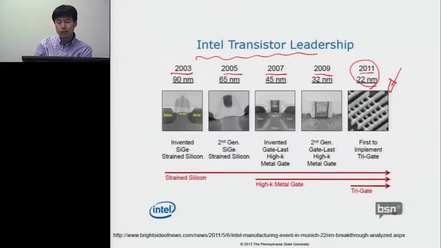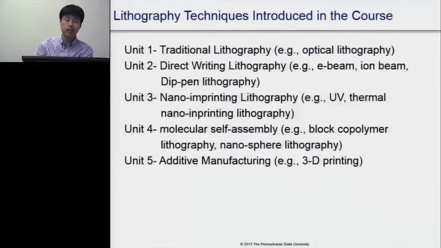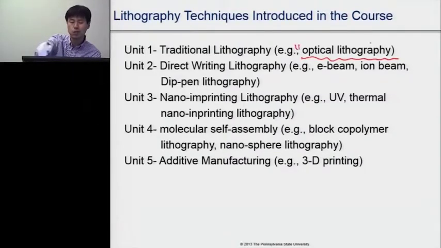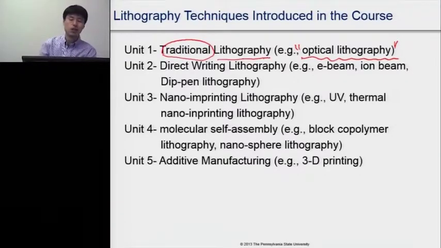Since this technology is driven by the microelectronic industries, we call the techniques those industries are using, optical lithography, the standard lithography technique for pattern transfer. In other words, we use this original optical lithography as a traditional lithography.